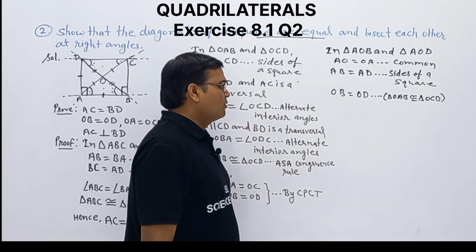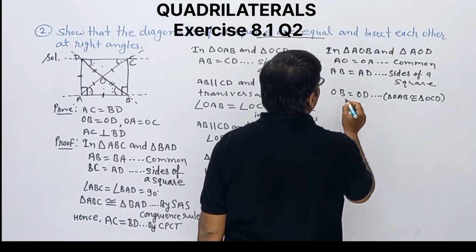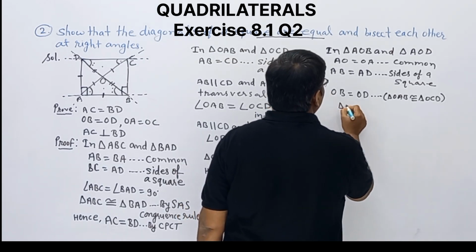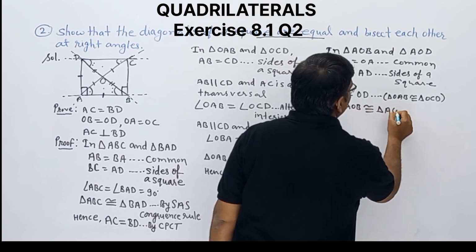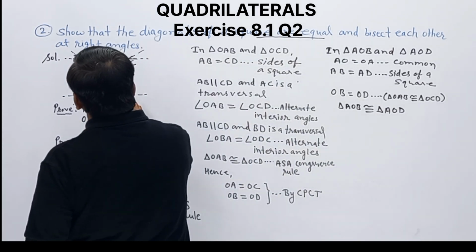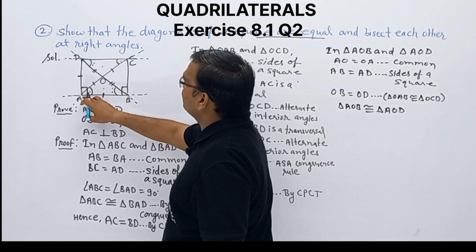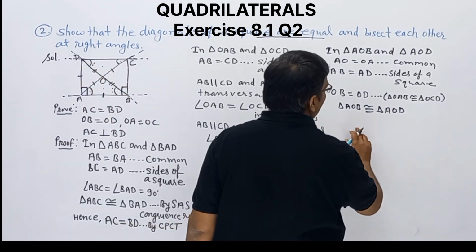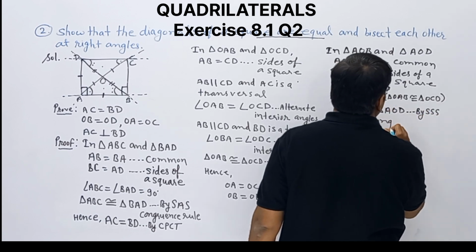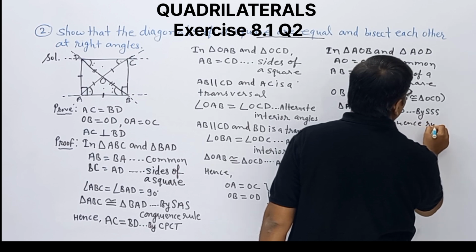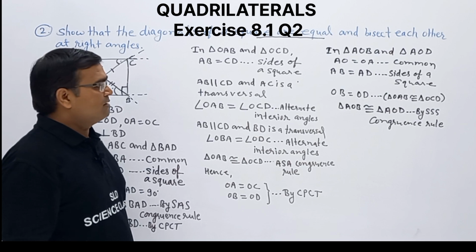So from these three things we can say triangle AOB is congruent to triangle AOD by the side congruence rule.